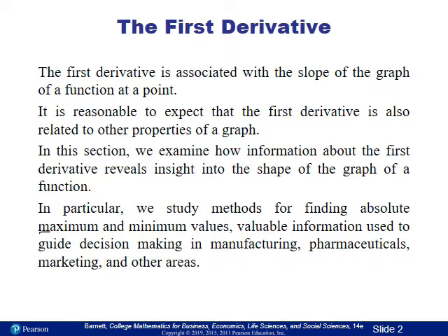What are absolute maxima and minima? We will develop some functions, like we did with cost, revenue, and profit. We want to know at which point we will get the maximum profit, or at which point we will get the minimum cost. Everyone tries to get the point where they can get maximum profit, minimum cost, or minimum loss.